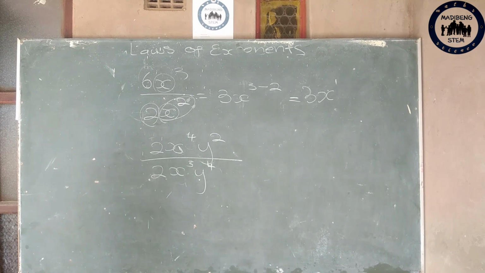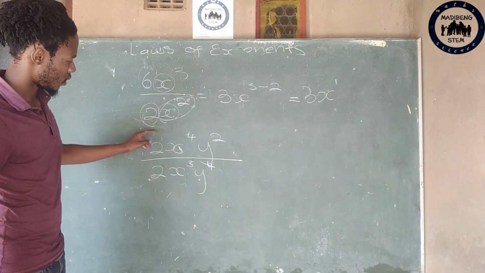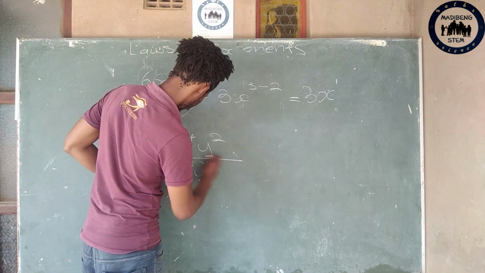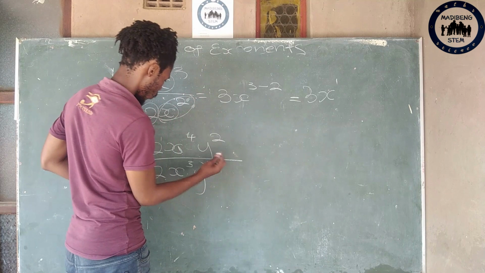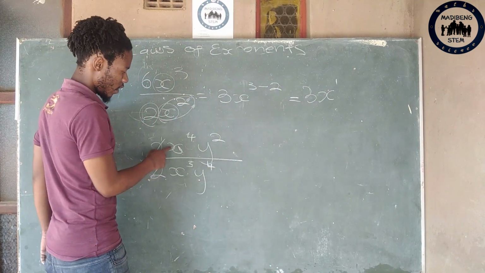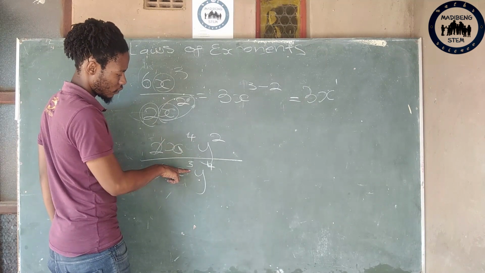How do you simplify this now? We always start with the coefficients. 2 divided by 2 is 1. You don't write anything, it's 1. They cancel each other. So we are left with x to the power of 4 divided by x to the power of 3.